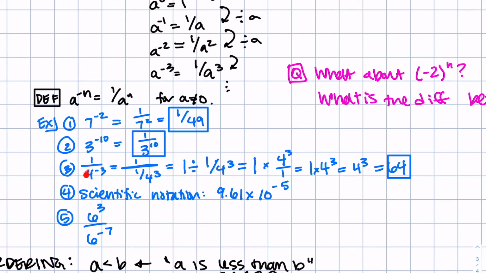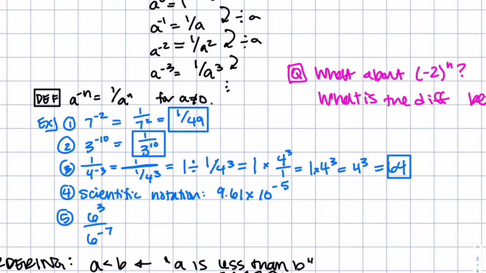So here, 1 over 4 to the negative 3 is the same thing as 4 cubed. And 3 to the negative 10 is 1 over 3 to the 10th. So basically it's telling you if it's in the bottom, move it to the top and make it positive, or if it's in the top, move it to the bottom and make it positive. If that makes sense. If it doesn't make sense, what I just said, you can always just write it in these drawn out ways, and that's absolutely fine.